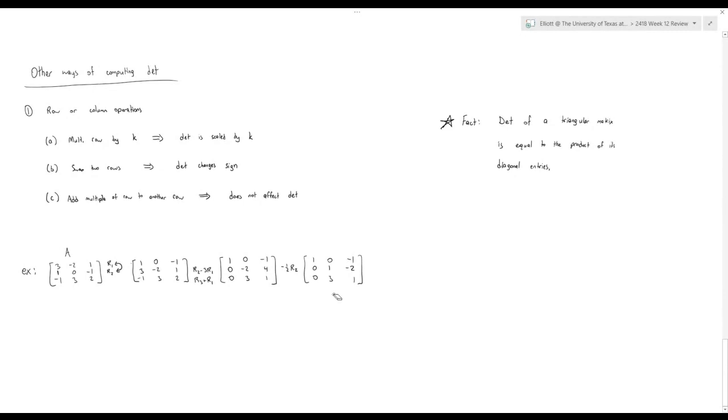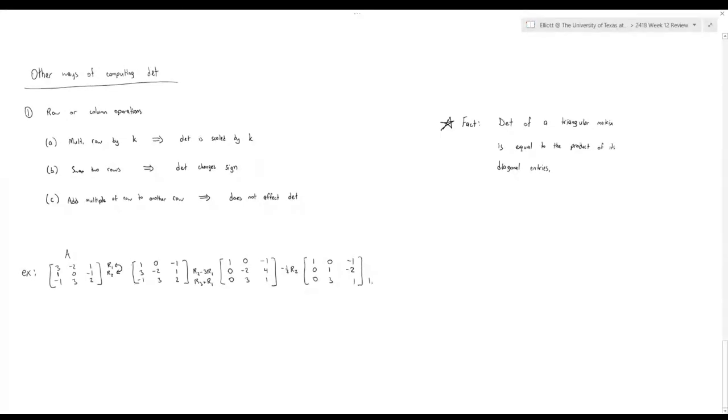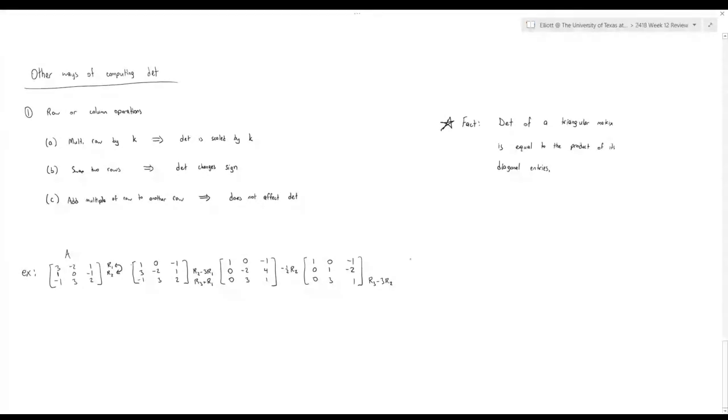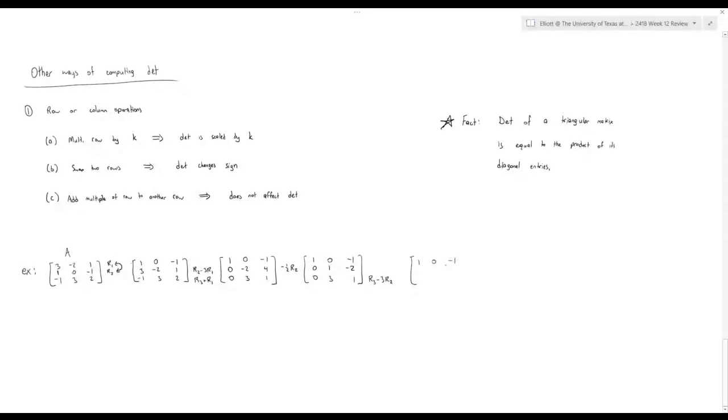Okay. And then I'll just do one more elimination, row 3 minus 3 row 2. Okay. And that's going to give me 1 plus 6, so it'll be 7 at the end.